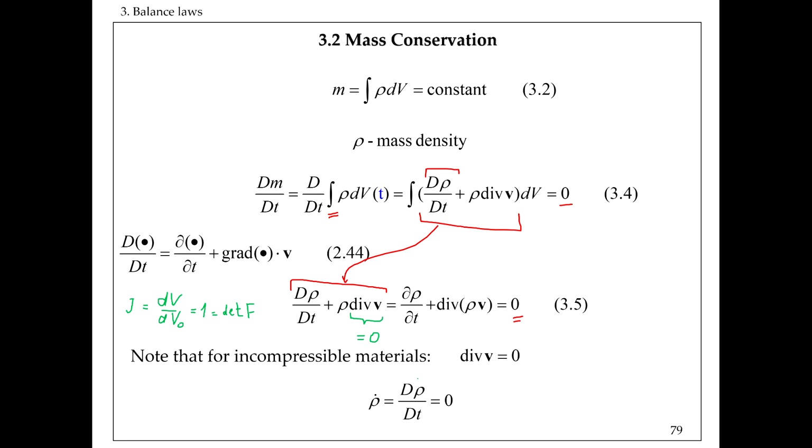Of course, we can rewrite this by using 2.44 explicitly, and that would be exactly this part, because divergence v drops due to incompressibility, and here you just put rho. Or you can write it in a compact form like that. But this is only for incompressible materials, because the additional term drops out.